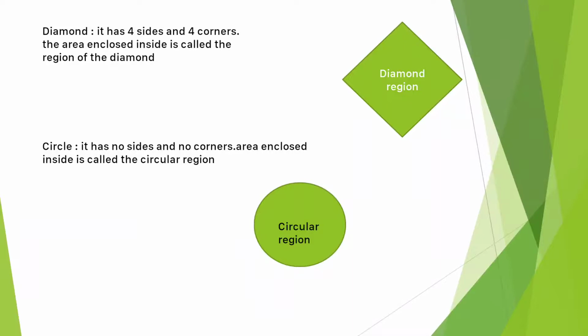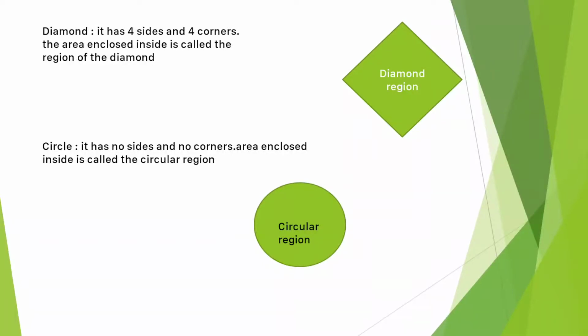And the next plane figure is diamond. This is the shape of diamond. Diamond also has 4 sides and 4 corners. The area that is enclosed in diamond is known as diamond region.